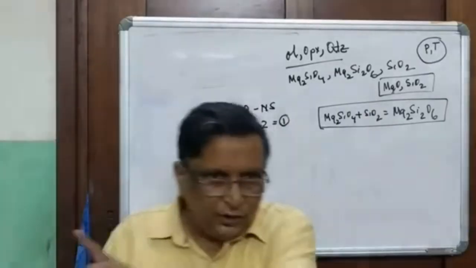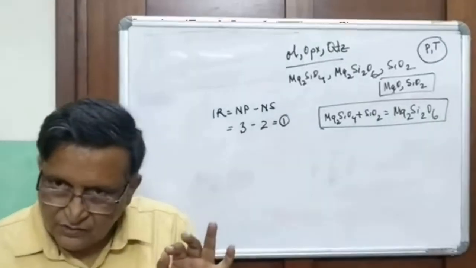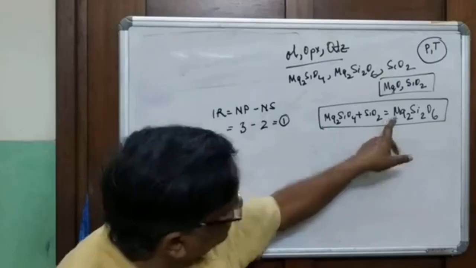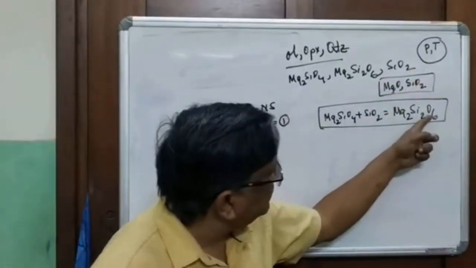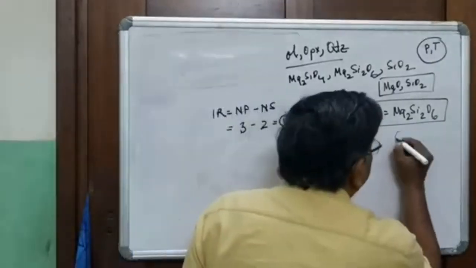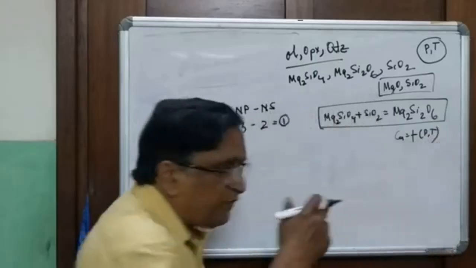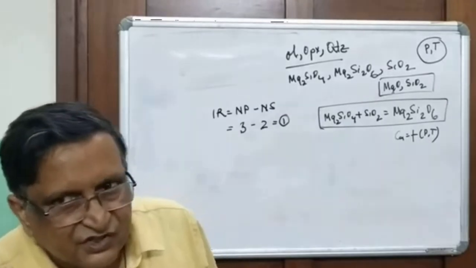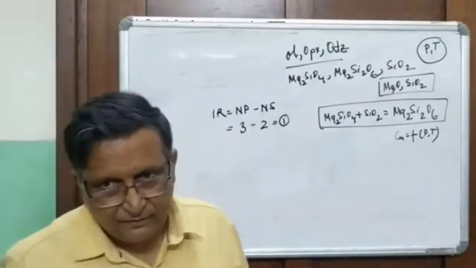From one reaction, you cannot find two variables. If P and T are the variables, this reaction is also an equation in P and T, because G is a function of pressure and temperature, but you cannot find both. So it's going to be a univariate system, because one variable needs to be quantified.